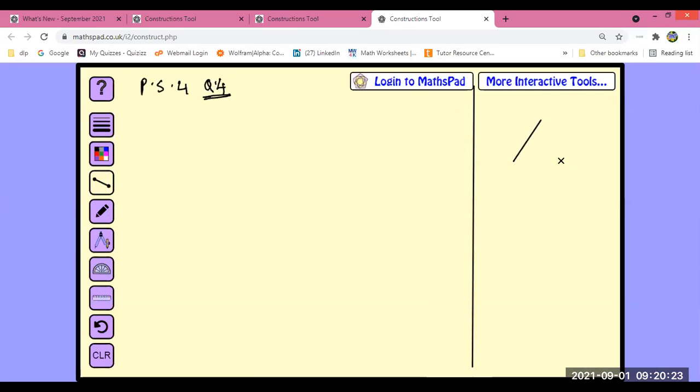So the rough diagram is a triangle. The name is PQR, where angle Q is given to be 55 degrees and the base is given to be 6.4 centimeters and the difference is given to be 2.4 centimeters. We need to mention that this is a rough diagram.